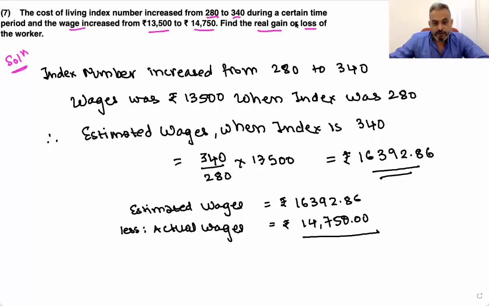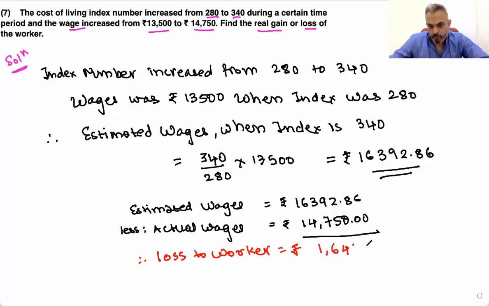So loss, he is not able to meet his cost of living, so he has to cut corners, he incurs losses. So therefore loss to worker is equal to rupees 1642.86. Answer.